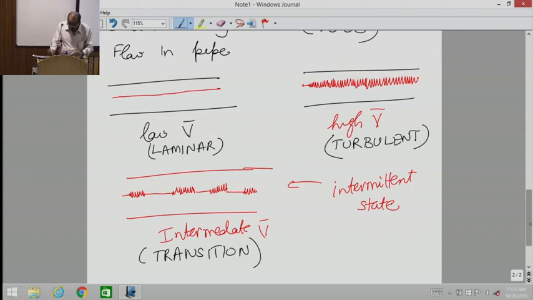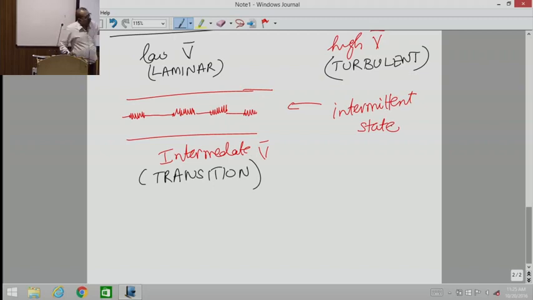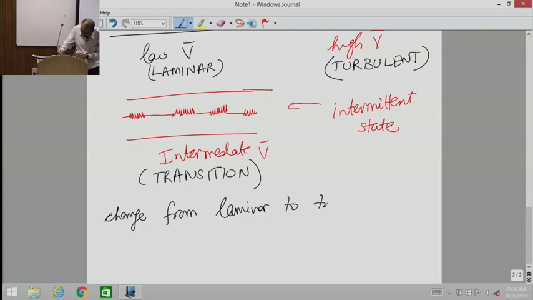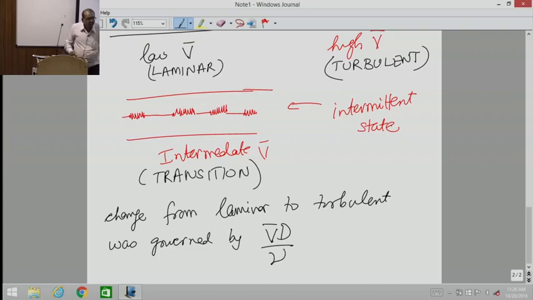And what Reynolds did was, he carried out a series of experiments, and he found that this change from laminar to turbulent was governed by not V bar alone, but on the value of V bar multiplied by D divided by nu.